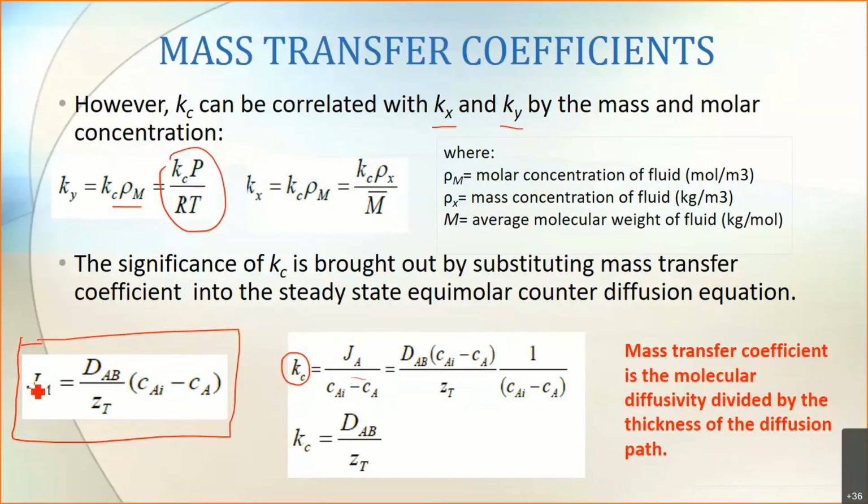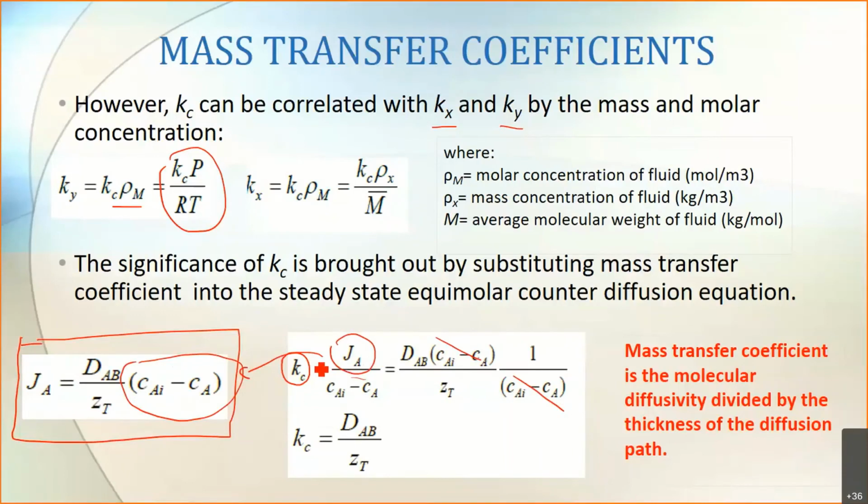And we already defined our Fick's law as Ja is equal to dAb over Zt times Cai minus Ca. Now if you see here, I have removed the negative sign because I have integrated it into this part of the equation. So if I substitute this whole thing here, I substitute this with this equation, I'll get an equation like this. Okay, and then I can do unit cancellation.